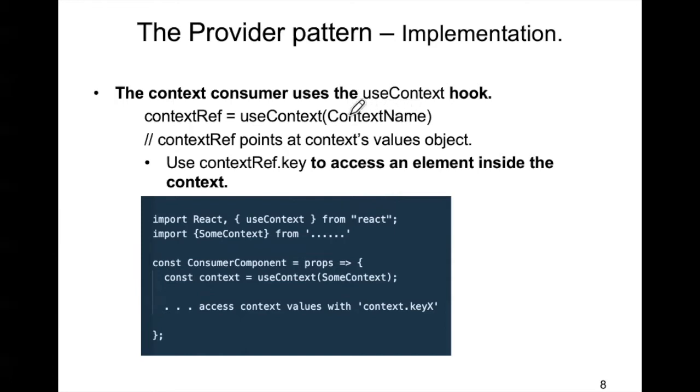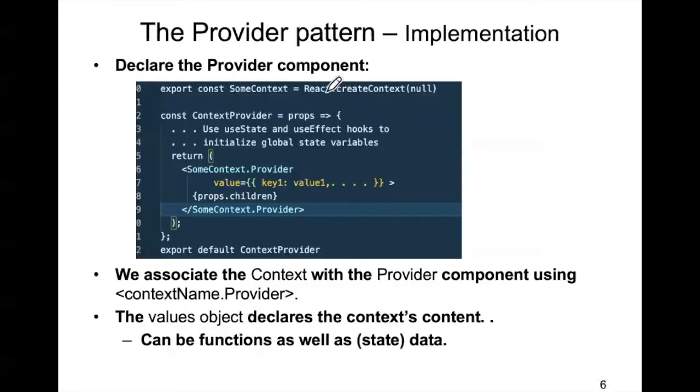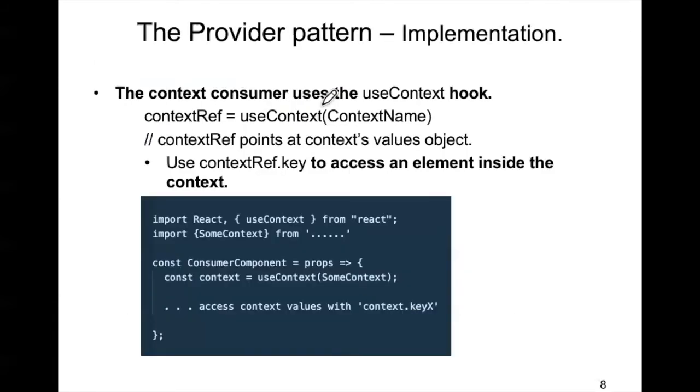So this here is referring to this here. Notice how I export the context construct. So my consumer now has a reference here to the context construct.